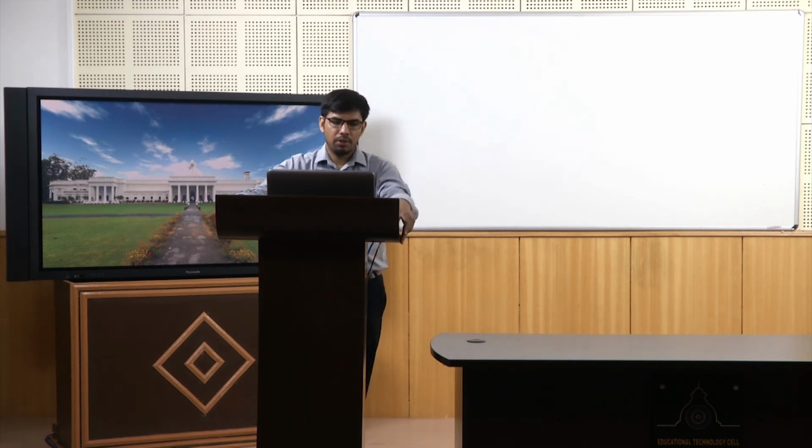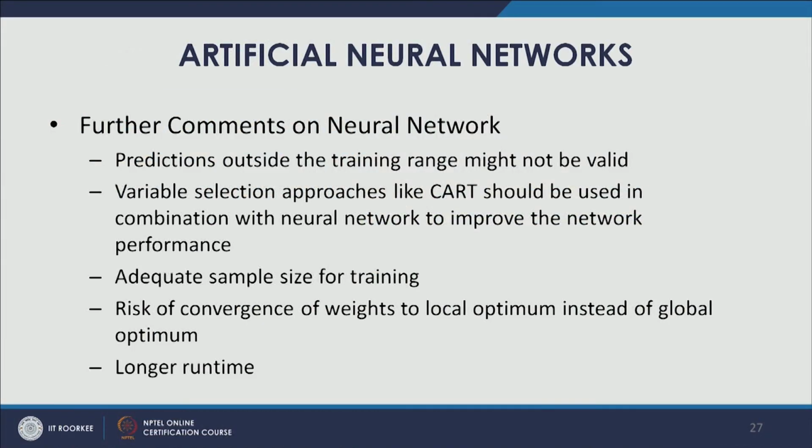Another issue related to neural networks is that an adequate sample size is required for training the network, so that the model is not overfitting to the observations. So adequate sample size is needed, and then overfitting has to be controlled, as we have discussed. There is also the risk of convergence of weights to local optima instead of global optima.